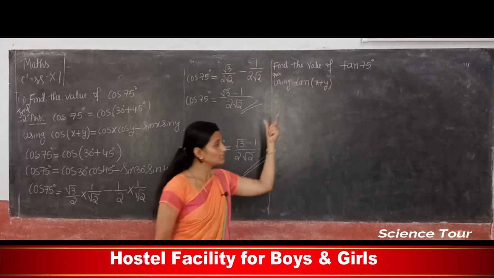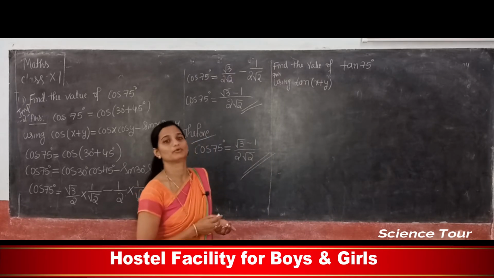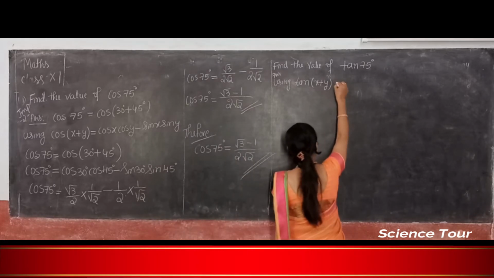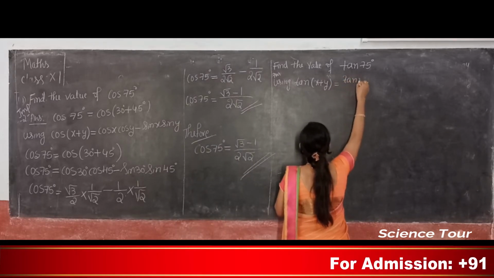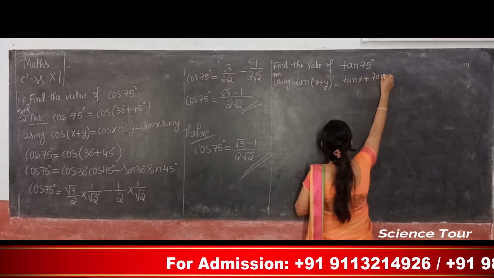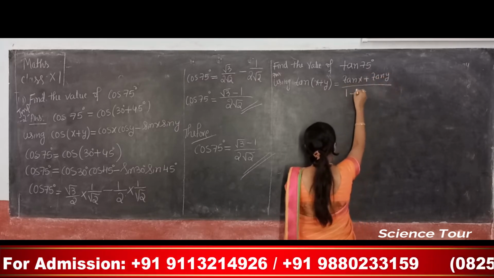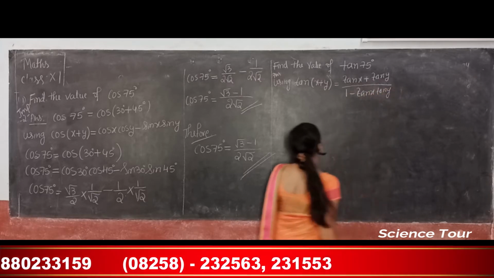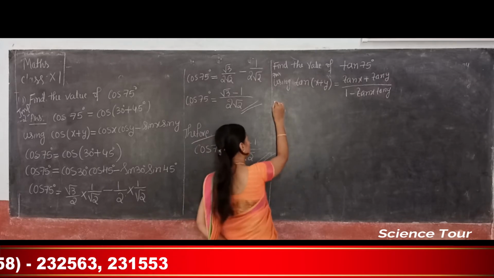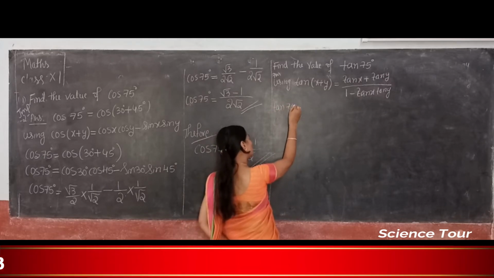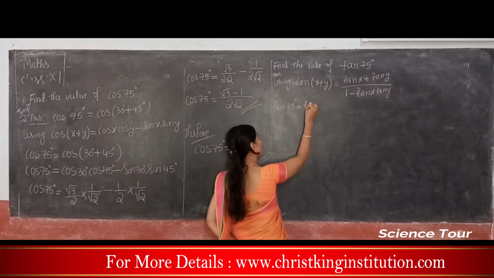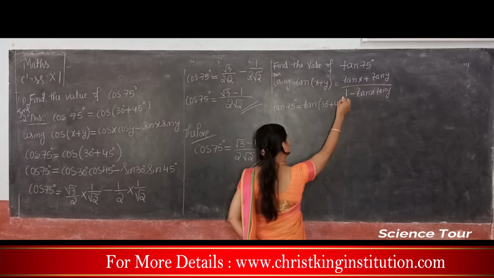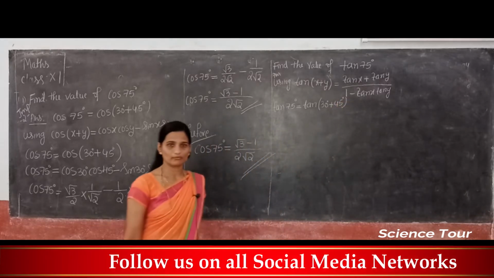How to split that 75? 30 plus 45 or 45 plus 30. So using this formula, tan x plus y is equal to tan x plus tan y divided by 1 minus tan x into tan y, right? Now use that formula for tan 75. First split as tan 30 plus 45 degree.